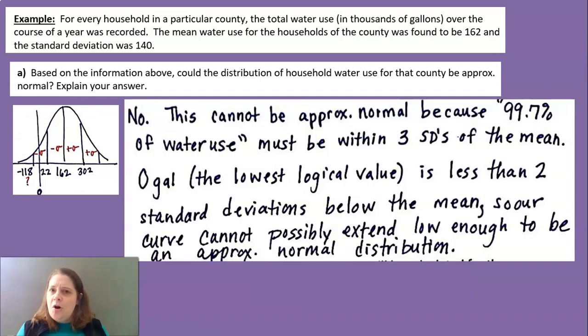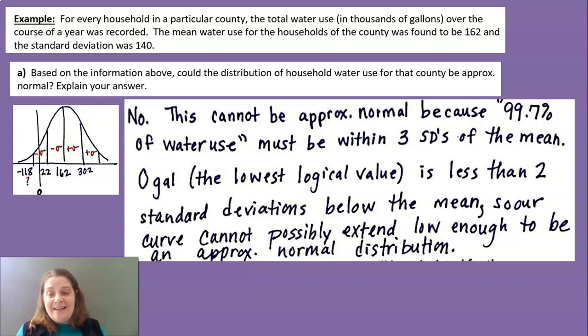Okay, so no, this can't be an approximately normal distribution because 99.7% of water use needs to be within 3 standard deviations of the mean, and 0 gallons, which is our lowest logical value, is less than 2 standard deviations below the mean. So our curve can't possibly extend enough for that approximately normal distribution.